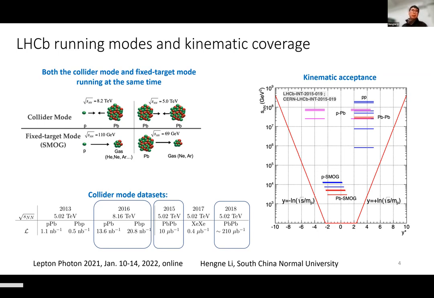But today I will not talk about fixed target collisions, but the collider modes, and I will do 3 analyses here using 2015 and 2018 lead-lead collisions, and also the proton-lead collisions taken in 2016. On the right side, you can see the kinematic coverage: the center-of-mass energy as a function of the rapidity in the rest frame.